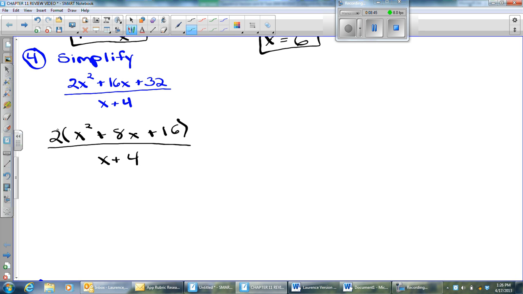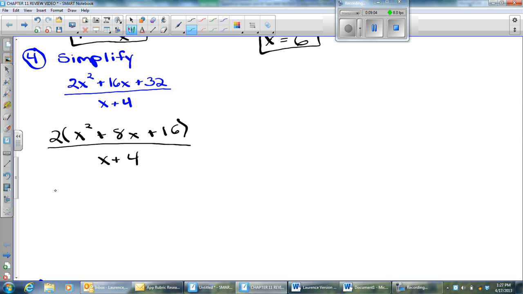Now this 2 is a big deal. This 2 cannot just go away. It has to stay on the outside because that means that this equation is the same as this equation, just in factored form.